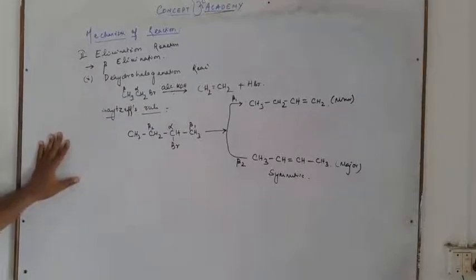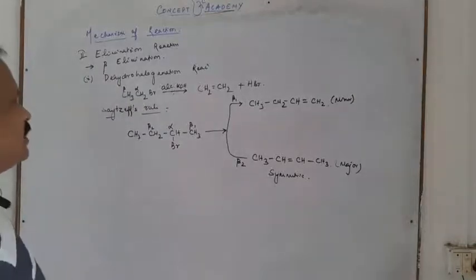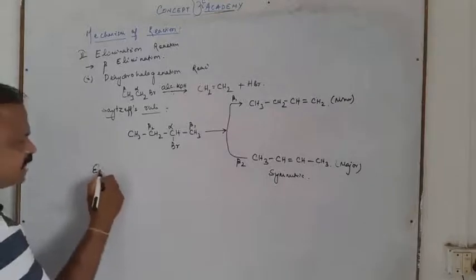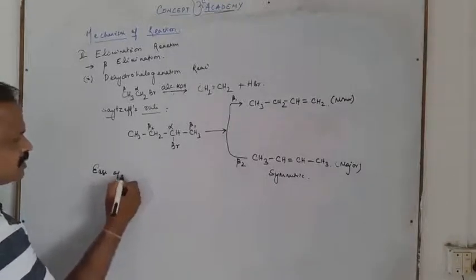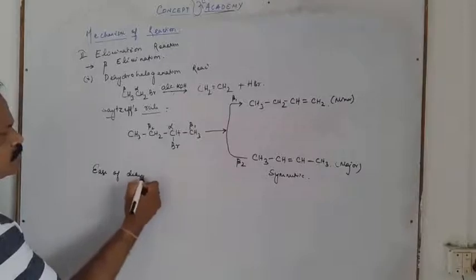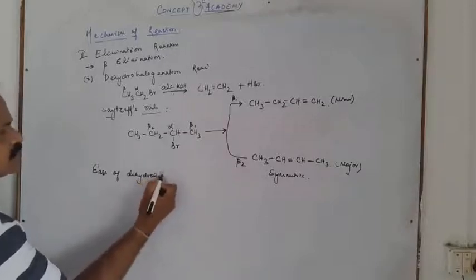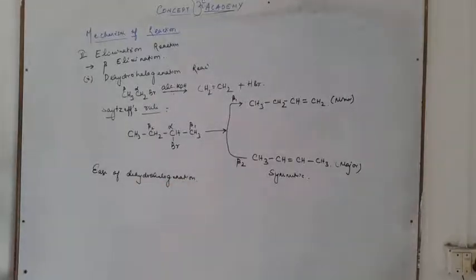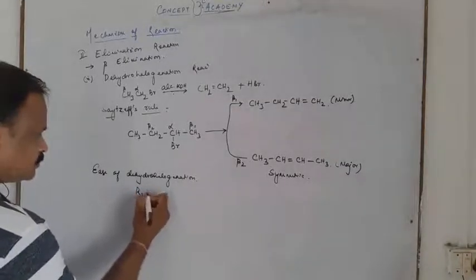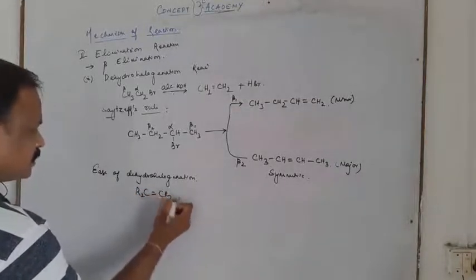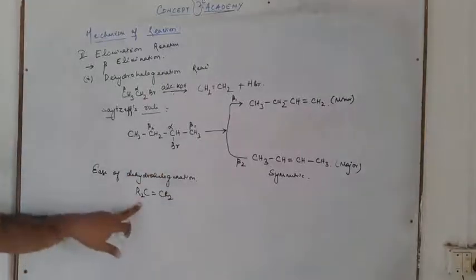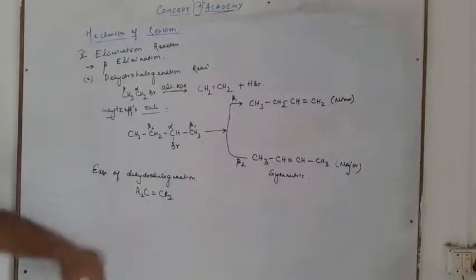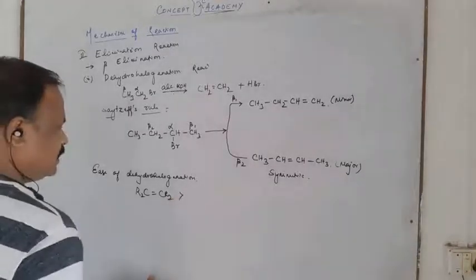So if you want to see the ease of dehydrohalogenation, the order is R2C double bond CR2, which has the highest stability, so it will be formed more.